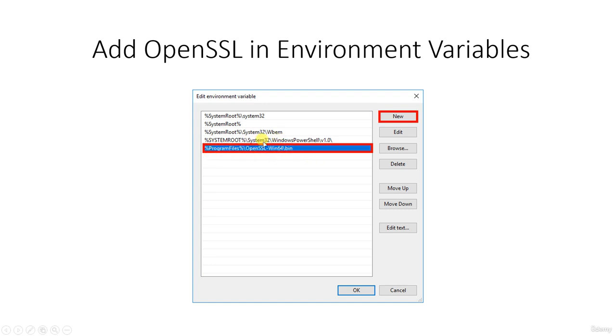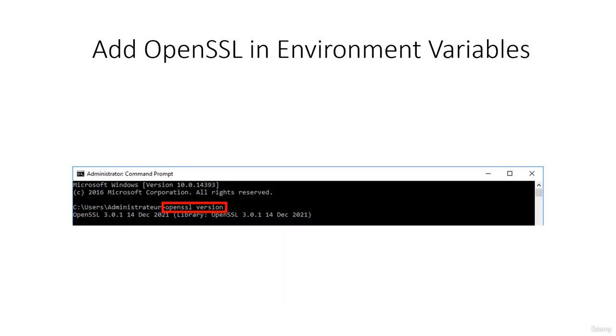Make sure you don't forget to add this, this is the important part. Click new, then simply type this line that you are seeing in this picture, and after that simply press OK. What this will do is add OpenSSL to our environment variable. Then press OK to close all of this, and after that open a new Windows command prompt to check if you can run the OpenSSL command.